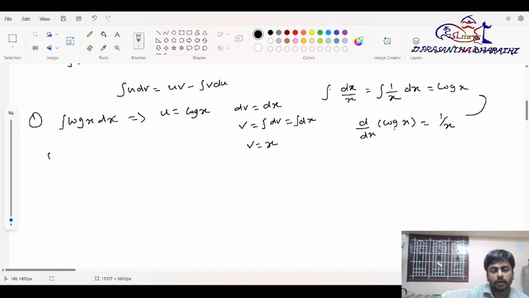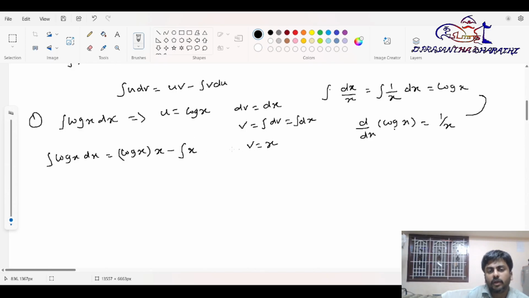So now tell me the formula: the integral of log x dx equals uv, that is log x into x, minus the integral of v du.